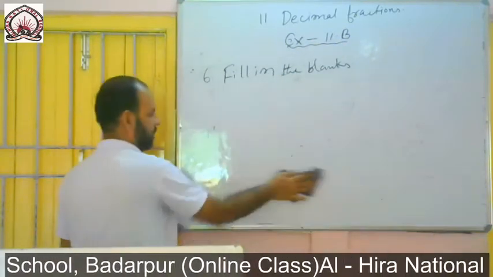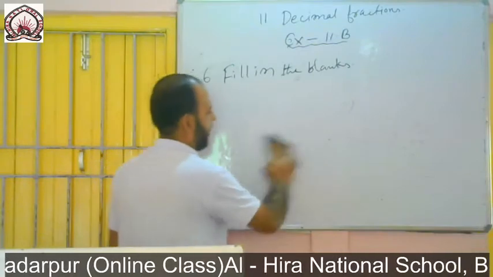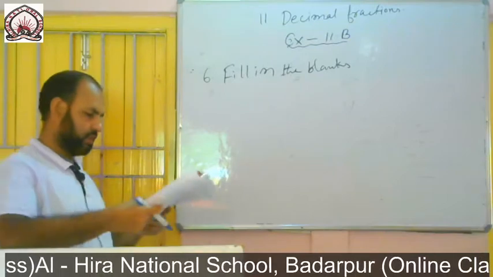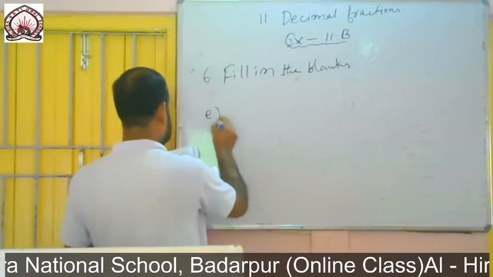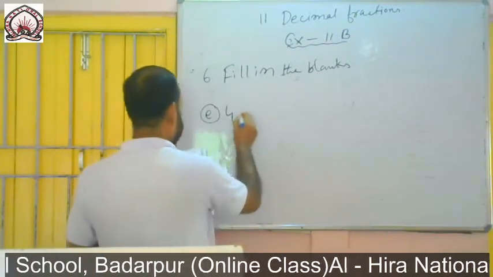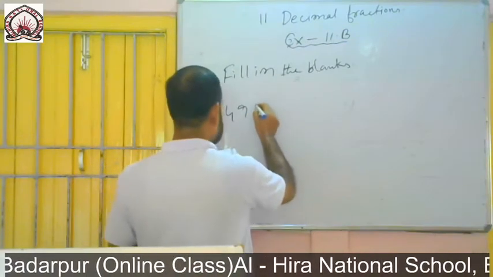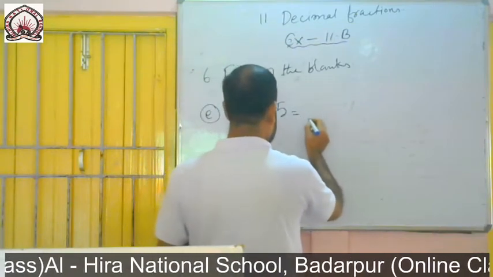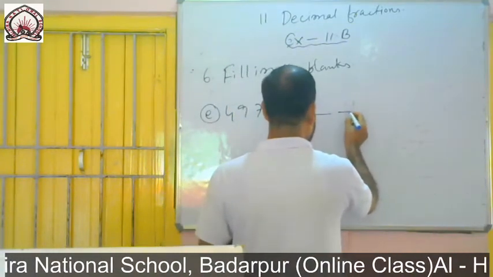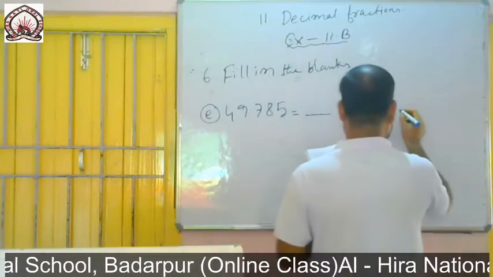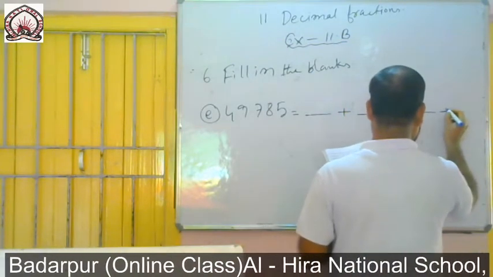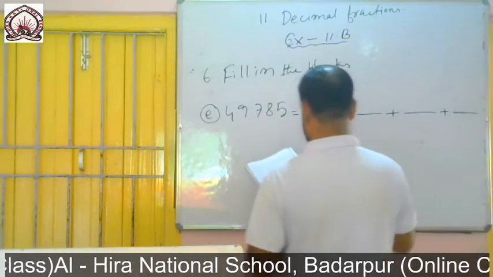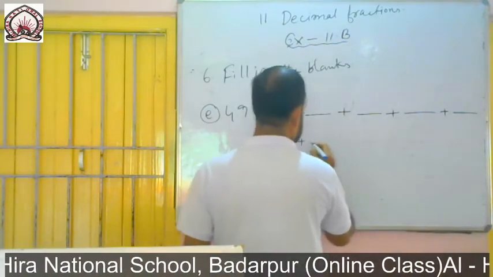Next question number E, 49.785 equal to dash plus dash plus dash plus dash plus dash.